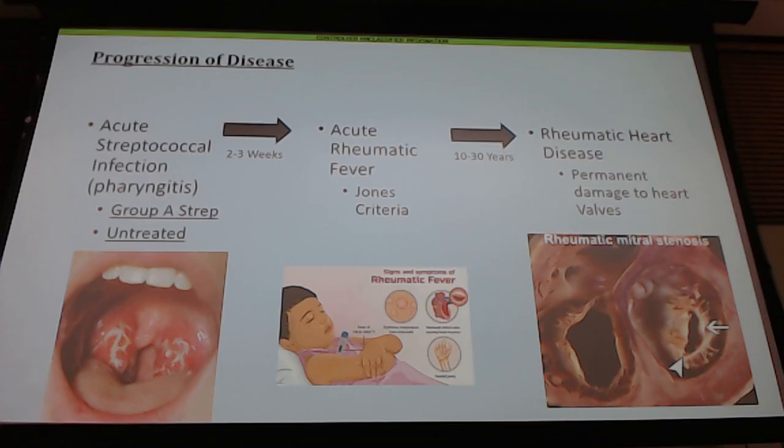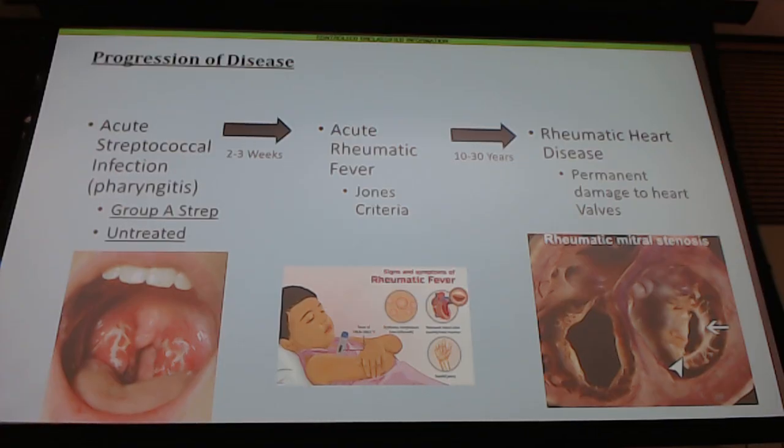So they get strep throat, they either don't go to the healthcare provider, or they don't get an antibiotic prescribed. Then they have an increased risk of, 2 to 3 weeks later, starting to develop rheumatic fever. And there's a constellation of symptoms that go into rheumatic fever.